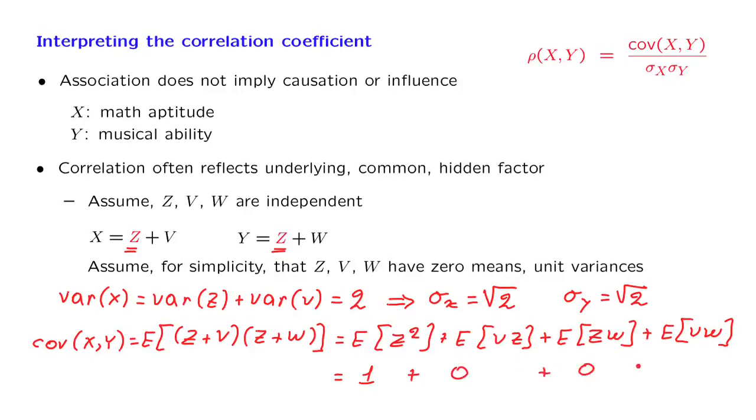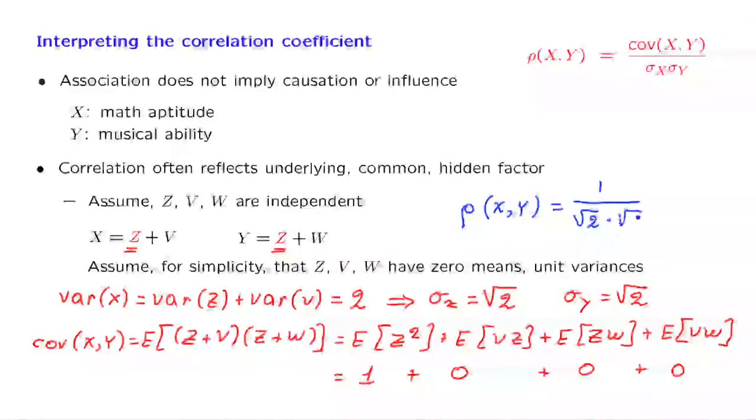And with a similar argument, the other terms are 0 as well. So the covariance is equal to 1. And from this we can conclude our calculation and write that the correlation coefficient between x and y is equal to 1 divided by the square root of 2 times square root of 2, which is 1/2.